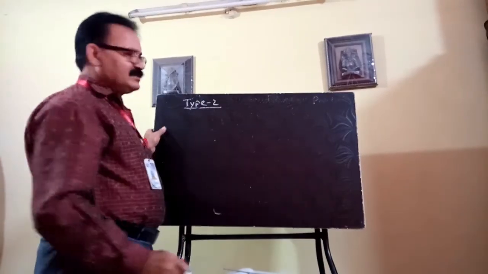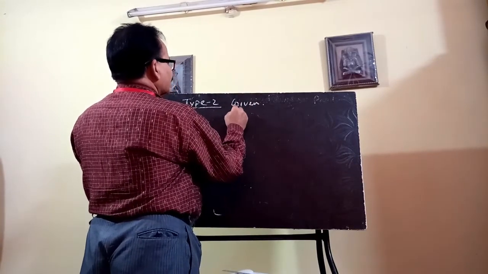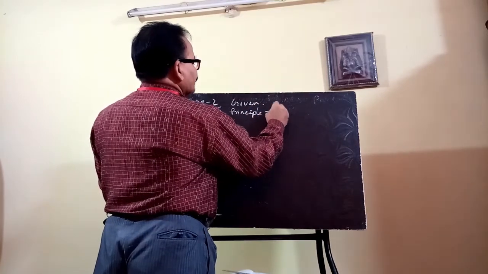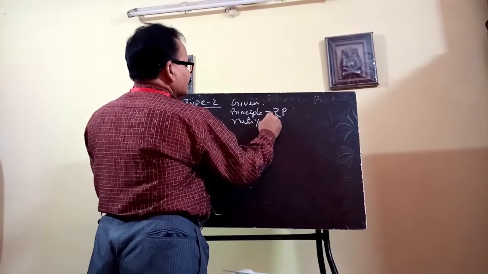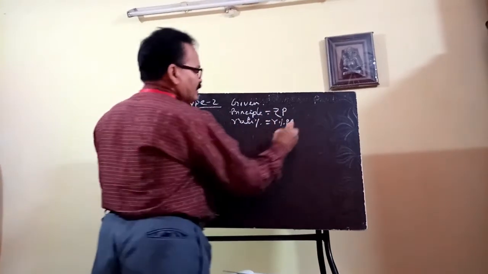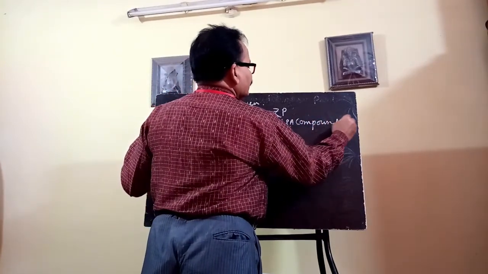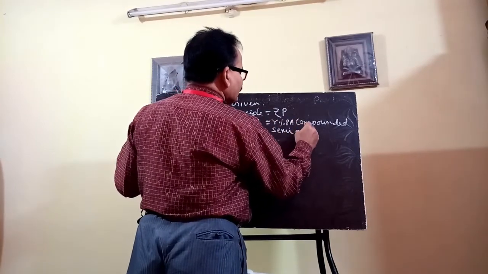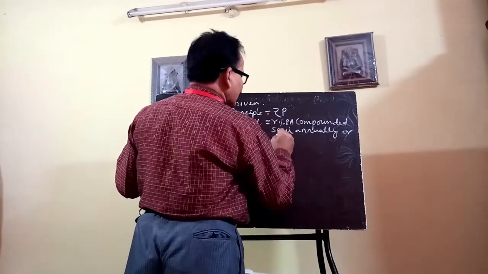In this type, here also given principal is rupees P, rate percent is R percent per annum, but here compounded semi-annually, or you can say half yearly.